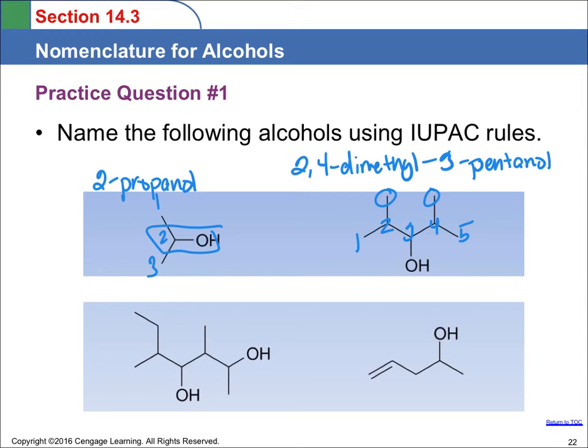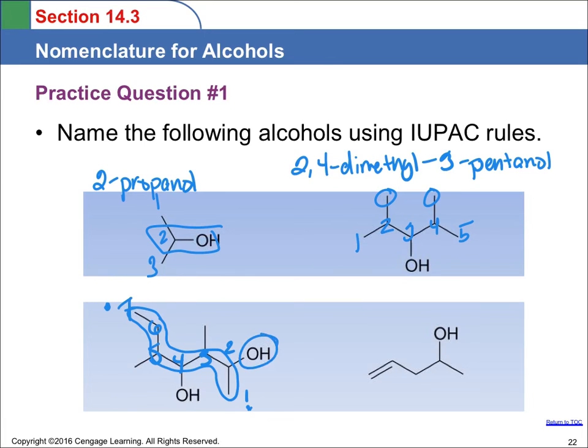This next example, make sure you find your longest chain, which is going to be these carbons. If we started up here, the alcohols are on the far end. If we start down on the right, the alcohols are on the close end. So that's where we're going to start. So I've got 1, 2, 3, 4, 5, 6, 7 carbons.